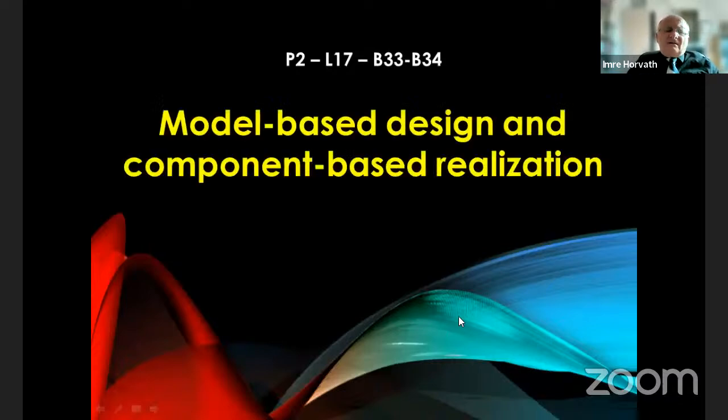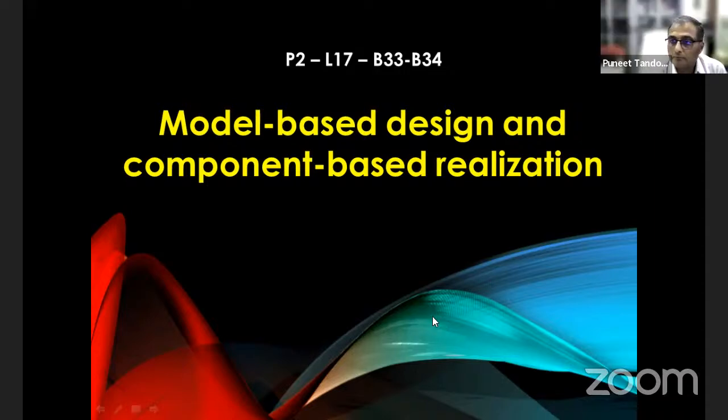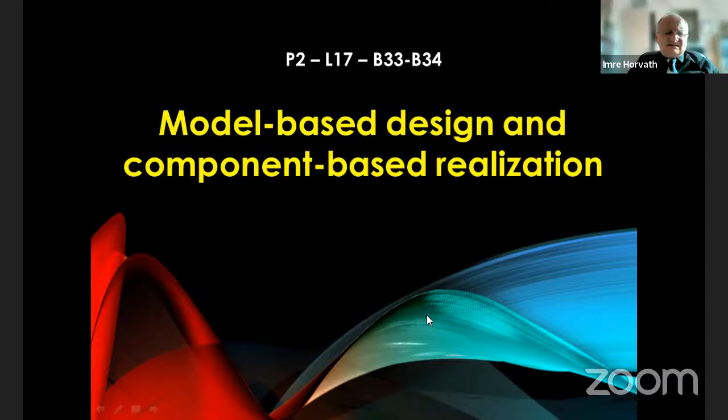Thank you. The second lecture today is about model-based design and component-based realization. This twin topic actually leads us to a jungle. It is a very comprehensive and multifaceted domain of this course.